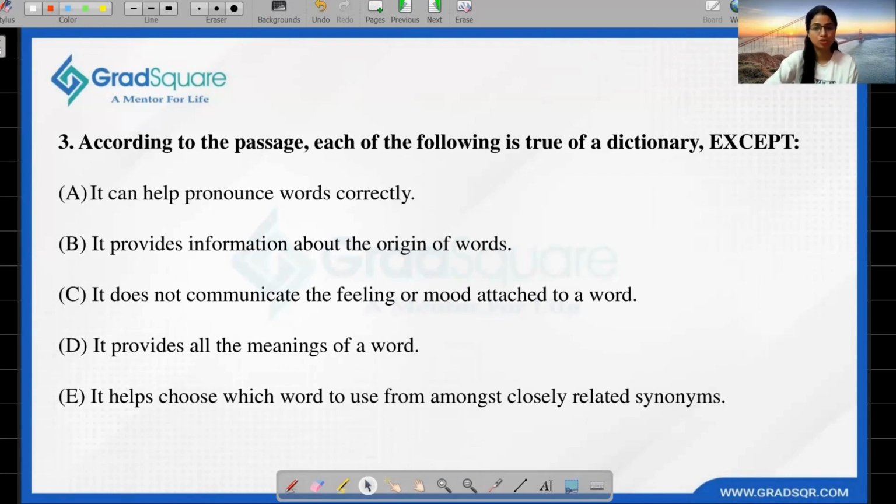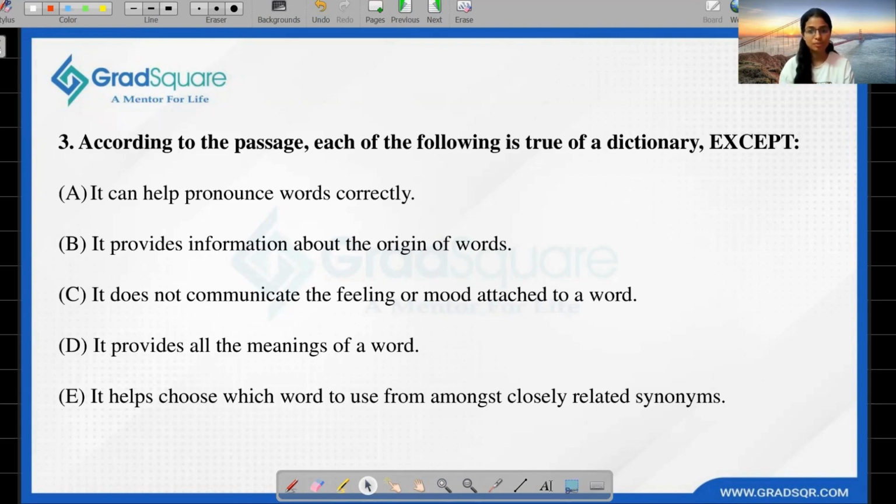Let's consider option choice A first. It can help pronounce words correctly. This is mentioned at the end of the second paragraph, so it's true according to the passage. So we can eliminate that option. We want the false one, remember? Don't forget that. Let's move on to the next option.